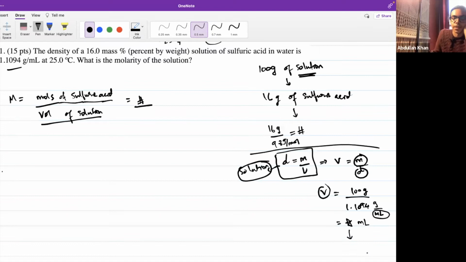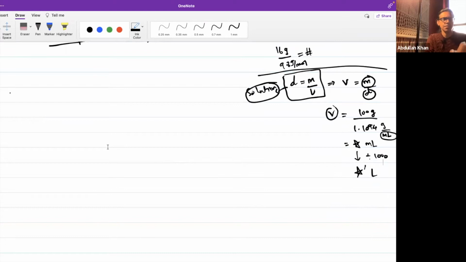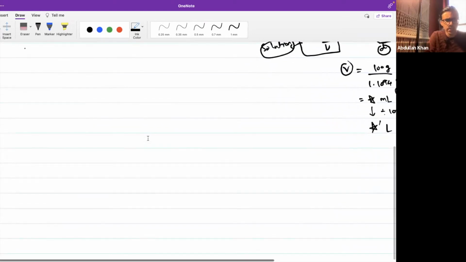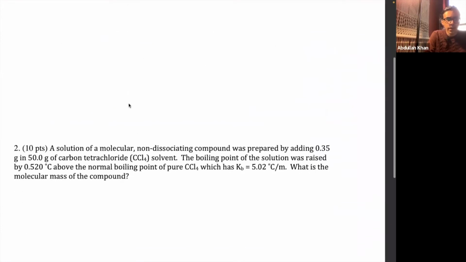Yep. Convert that into liters. Let's say you get star prime. That goes here. Good. Divide by 1,000. Great. Easy. This is as difficult as concentration questions get, pretty much. All right, moving on.